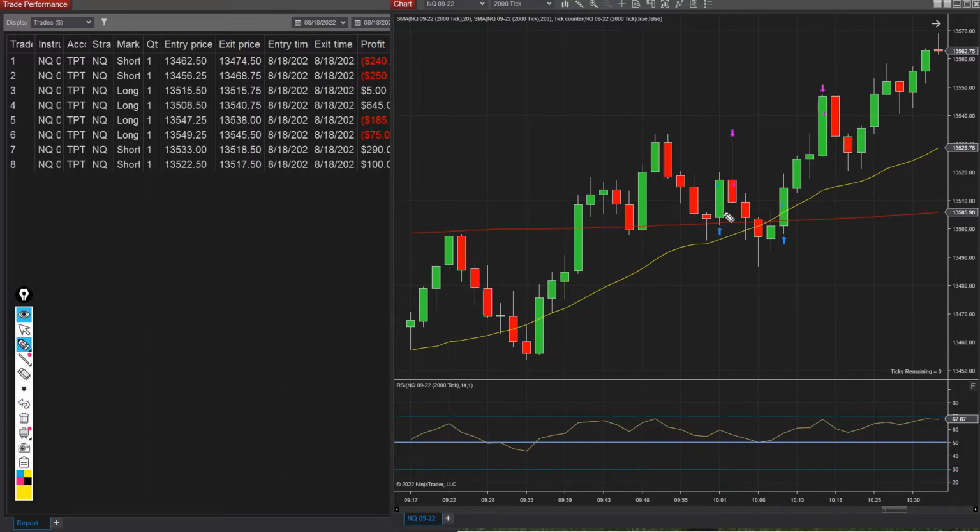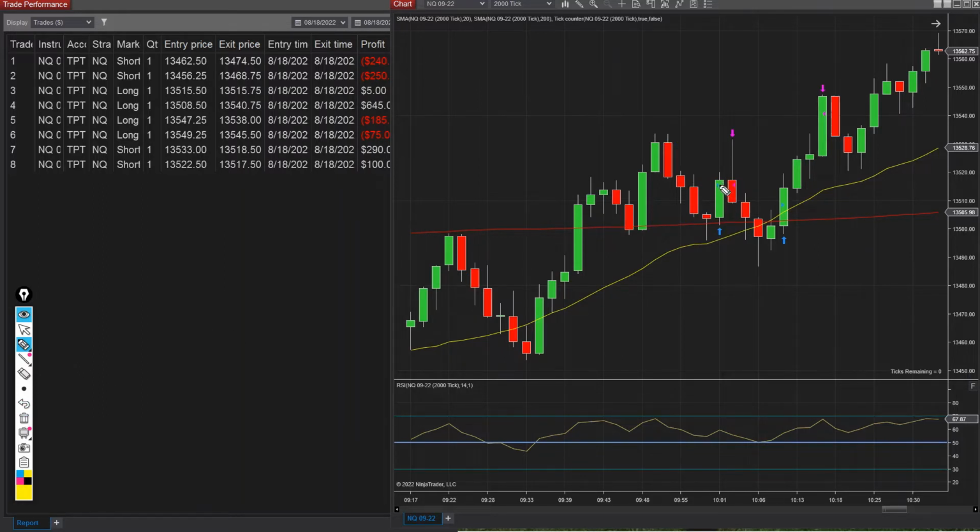And the reason for that is because I saw this red bar where price pulled back to, and then price pulled back again, and it finished right here. It finished almost where it previously pulled back to. And then this big green bar came out.